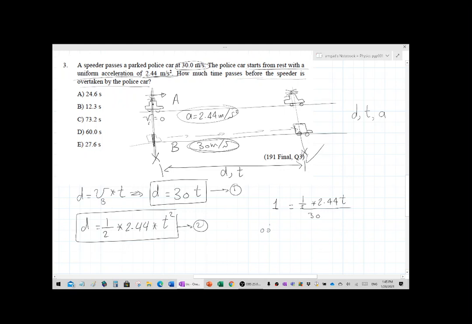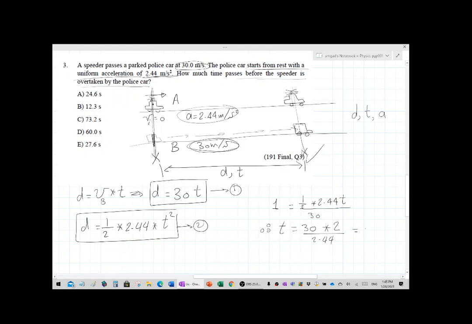So I can find the time T equals 30 times 2 divided by 2.44. Let me find it. That's 60 divided by 2.44.